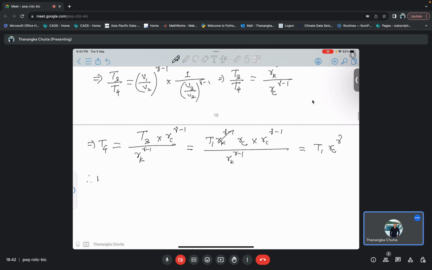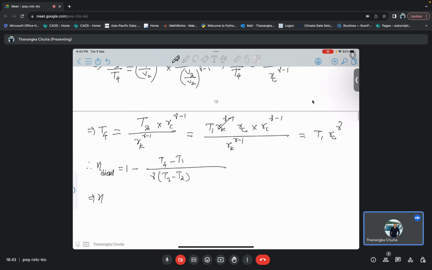Now therefore eta diesel is 1 minus, once again I will write, T4 minus T1 divided by gamma into T3 minus T2. So eta diesel will be equal to 1 minus, T4 is T1 into Rc to the power gamma, minus T1, divided by gamma into, T3 is T1 into Rk to the power gamma minus 1 into Rc, minus, T2 is T1 into Rk to the power gamma minus 1.